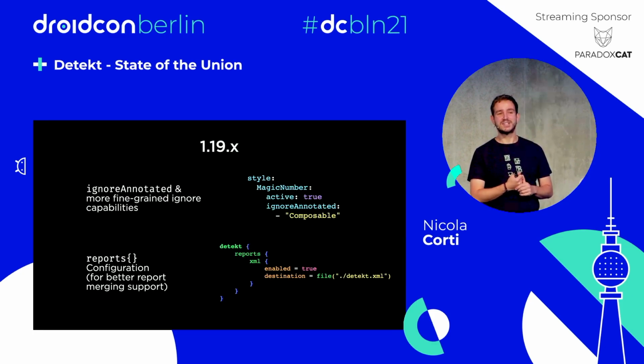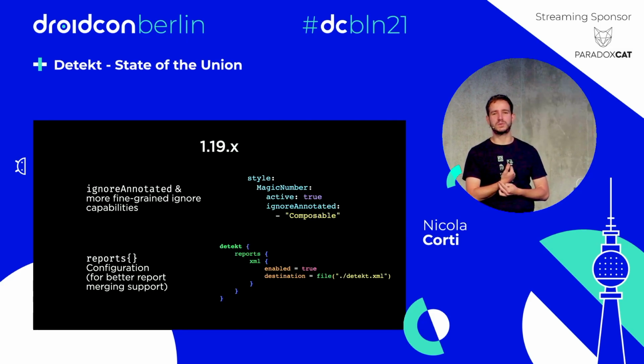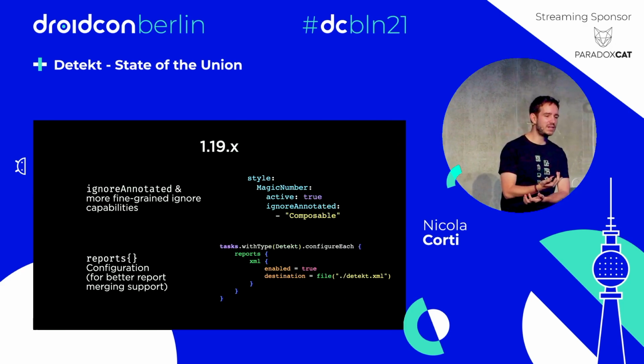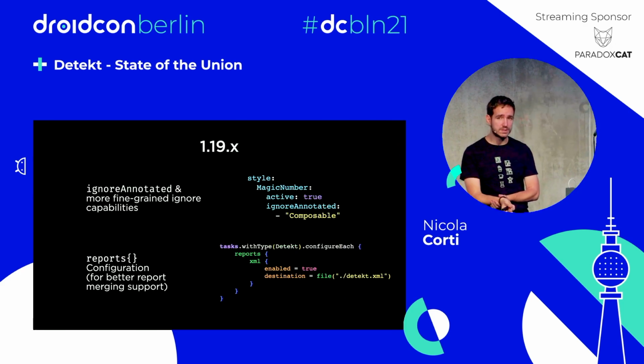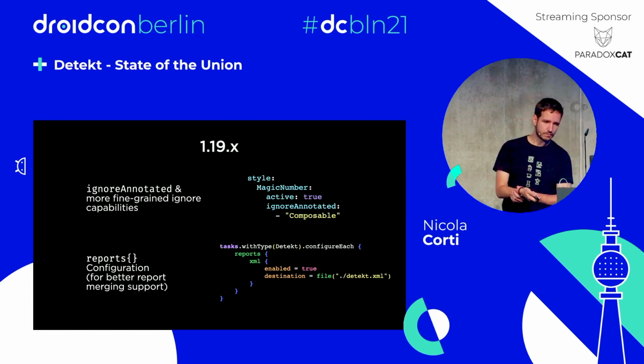So every task will just write to detekt.xml, and the last task that writes to that file is the one that you will actually see. So they basically end up overriding each other. This was a design done in the early days of the Gradle plugin, and it worked when there was only the Detekt task, but it doesn't scale anymore. So you will need to configure the reports at the task level.